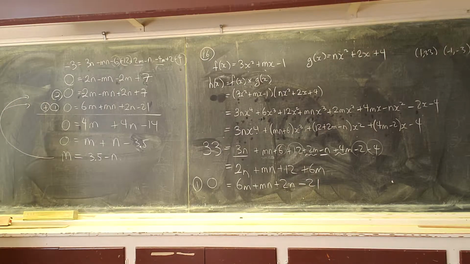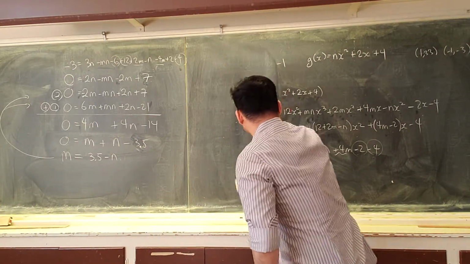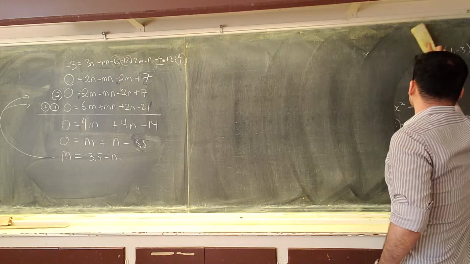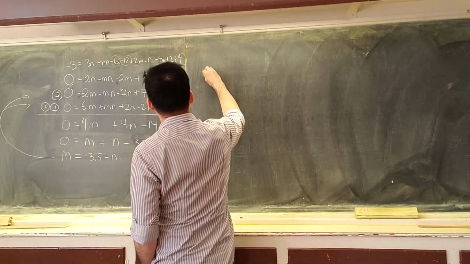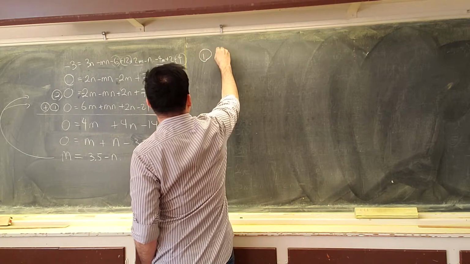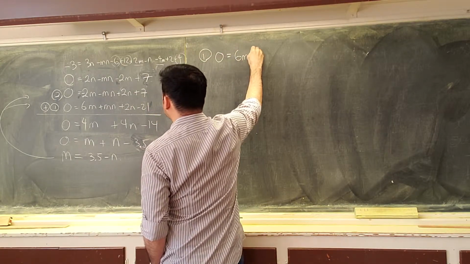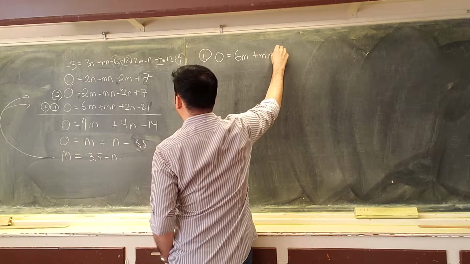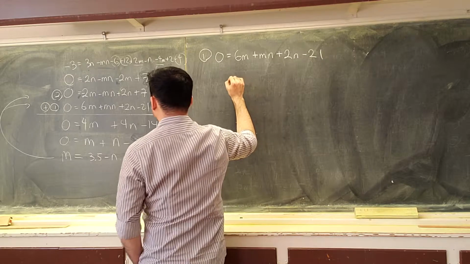Take your pick. Which one would you like to do? Number 1 or number 2? We'll see how it works out. Number 1, yay! If we have, putting into number 1, 0 is equal to 6m plus mn plus 2n minus 21.